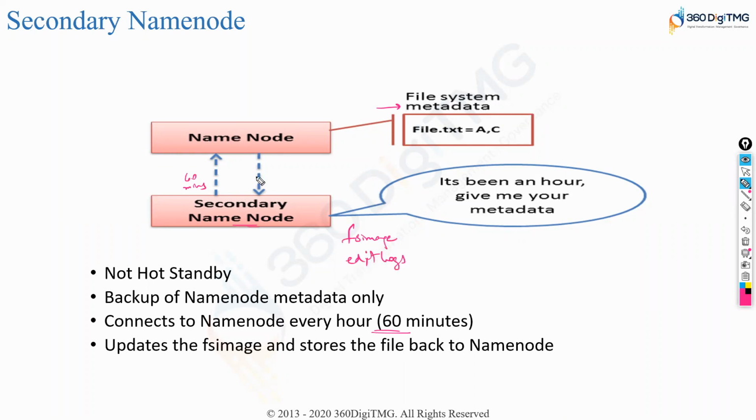We copy those metadata files to secondary name node every 60 minutes, right? And what is it doing? In the secondary name node, the fs image file gets updated with all the information that is there in the edit logs file. This happens at every 1 hour.